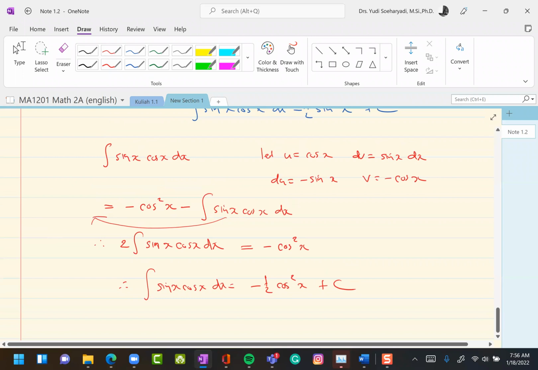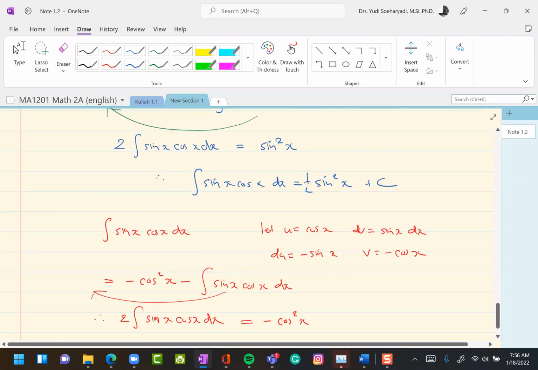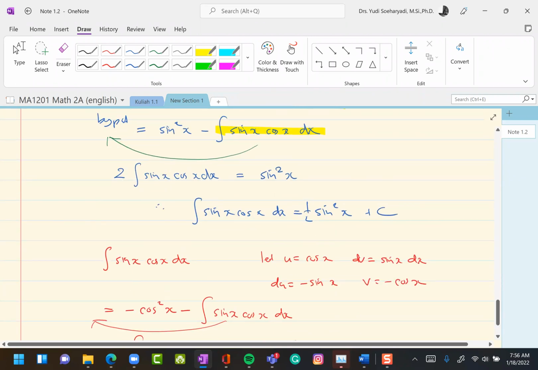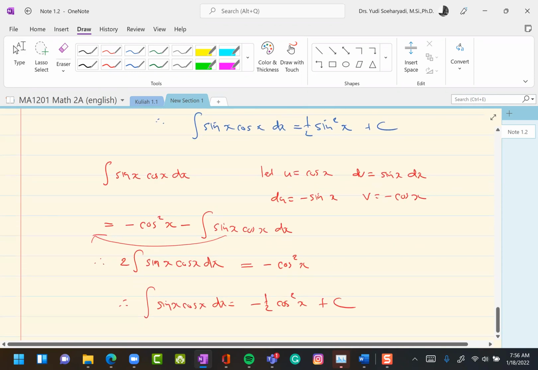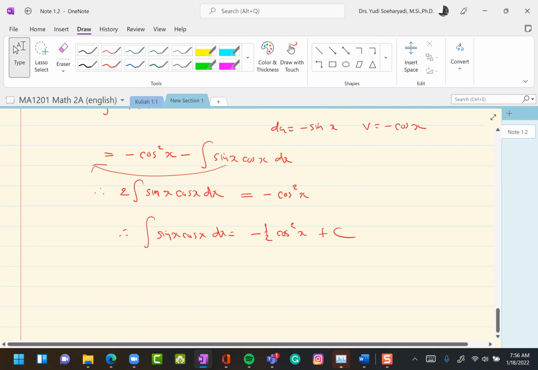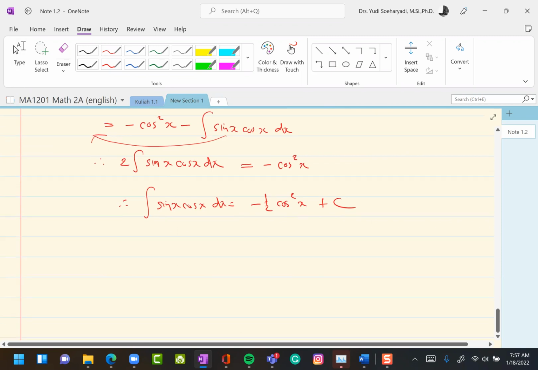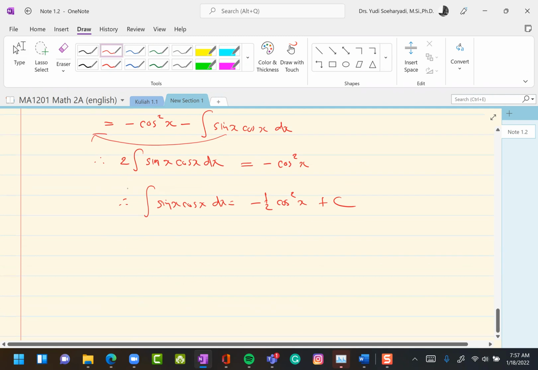But why do we get cosine square here when we got sine square before? And there is another way.